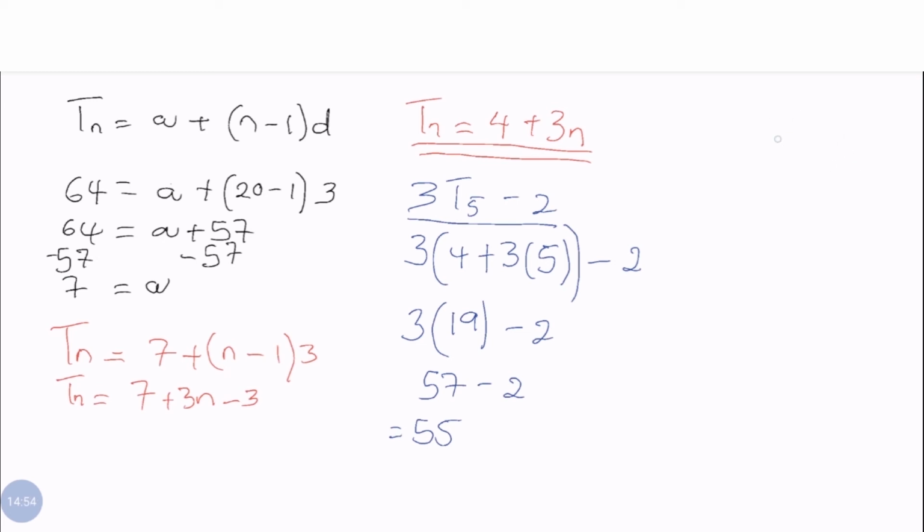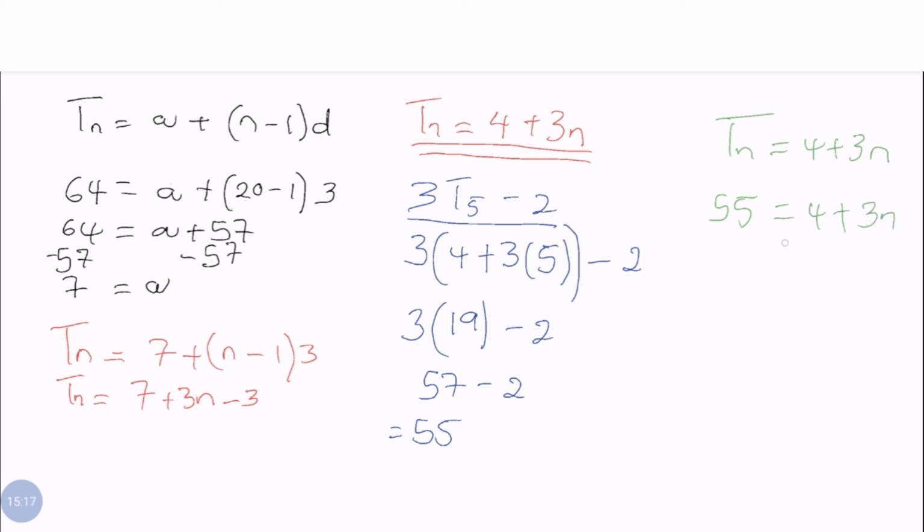This is what we will do. Tn, which is the equation of the pattern, equal to 4 plus 3n. Then 55 is equal to 4 plus 3n.